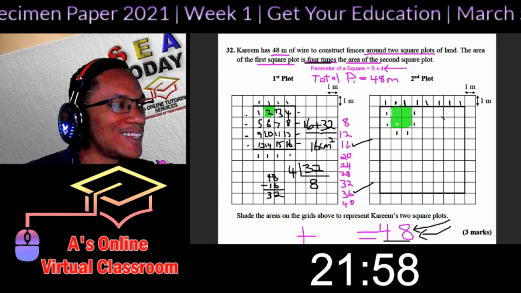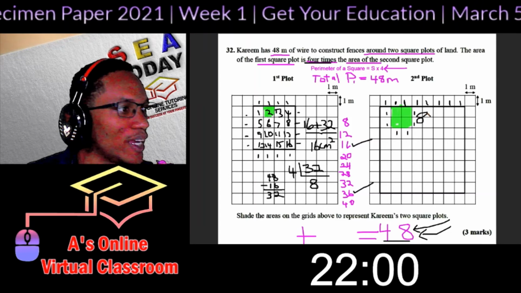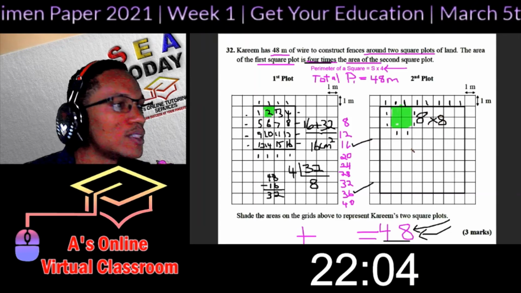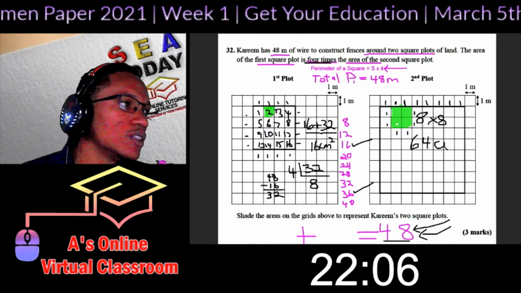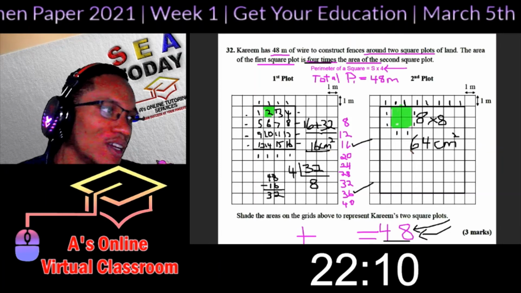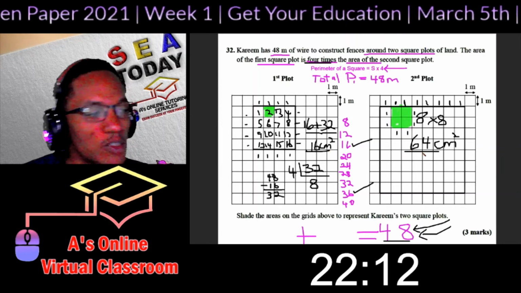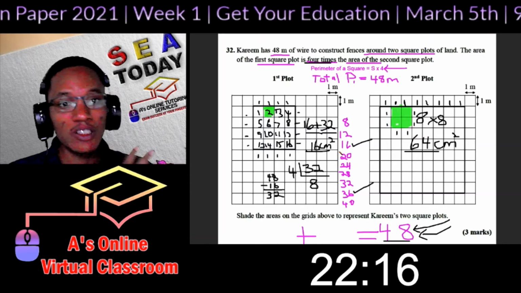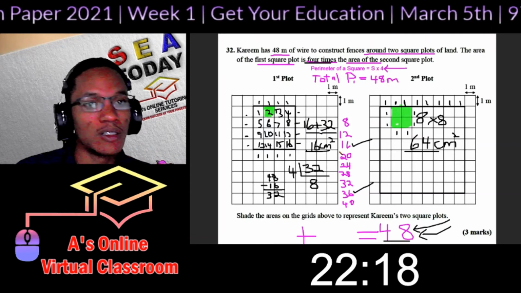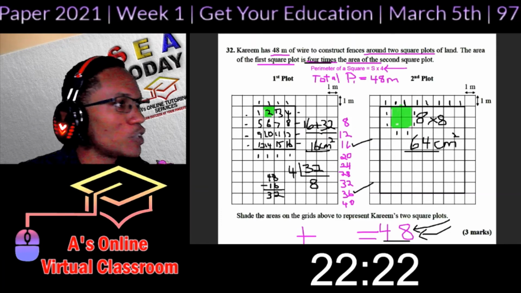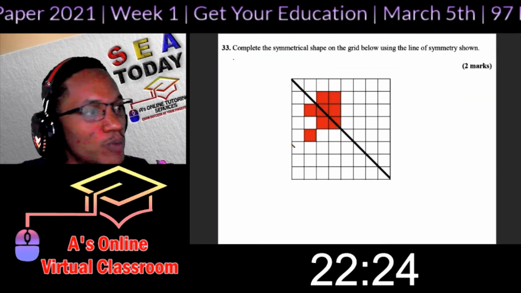And since this bigger one is 8 by 8, the area will be 64 centimeters squared. 16, 64. 64 is 4 times 16. So that's just a double check to verify that our answer is correct. So this question was a little tricky, but we were able to get through.